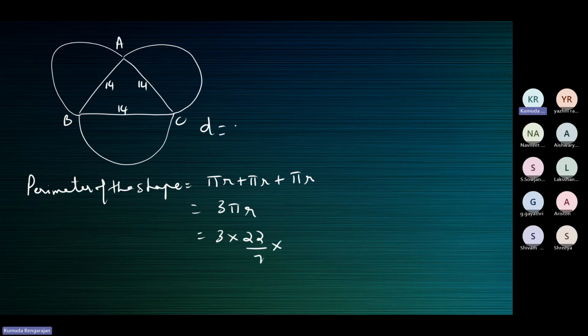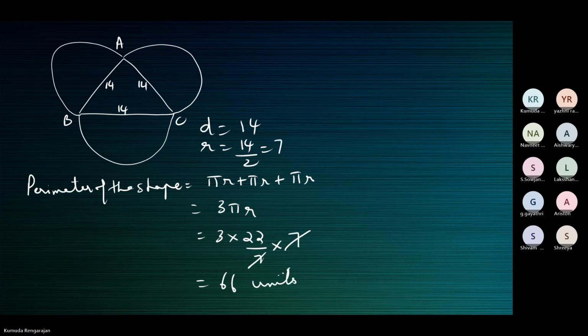Diameter is 14. Radius is equal to 14 by 2, 7. So into r, 7 cancels. 66 units. Right, children?